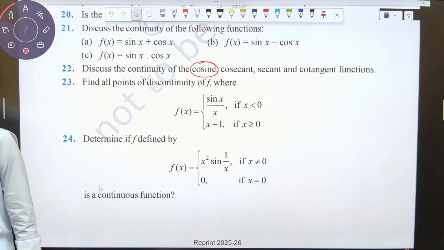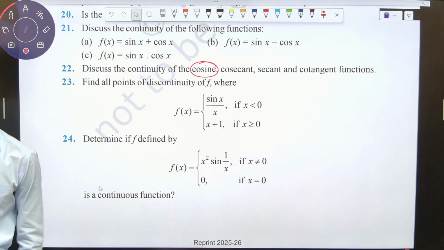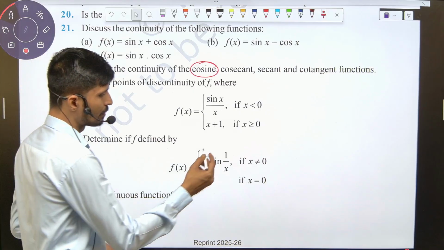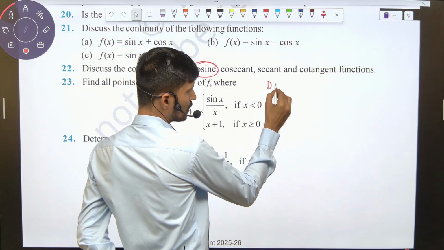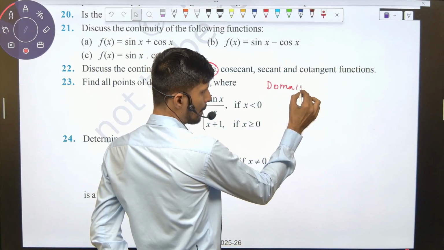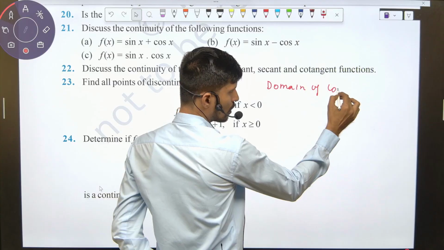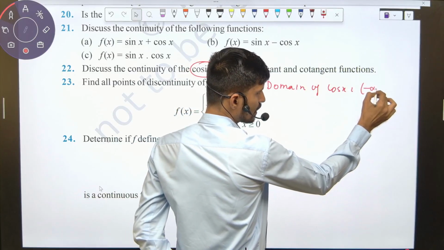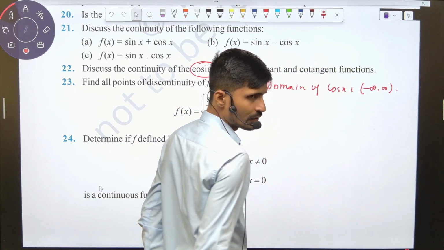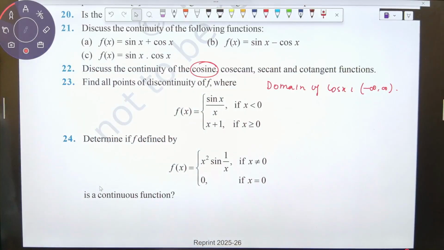After that we will write, domain of cos x is minus infinity to infinity. So it is continuous everywhere. Discussion done. You have to discuss, you don't have to prove.